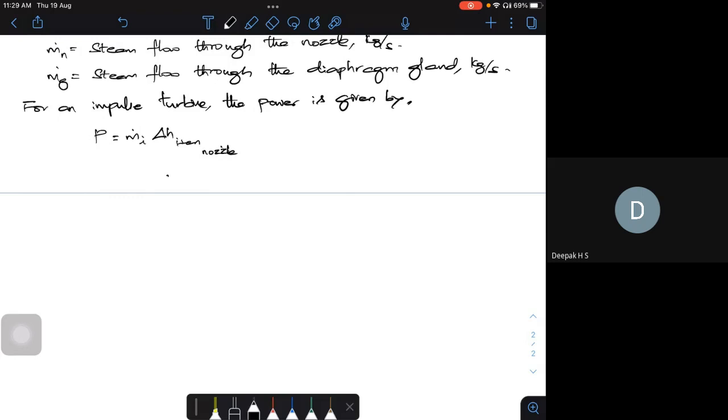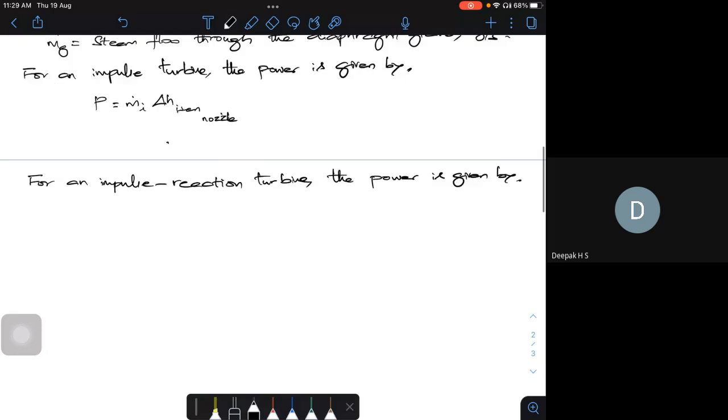But for a reaction machine, or an impulse reaction turbine or machine, the power is given by, the mass flow rate is the same, but I need to look at the isentropic enthalpy drop in the stator, let me call it stator or the nozzle, plus the enthalpy drop that's happening in the rotor or your blade, whatever it may be.